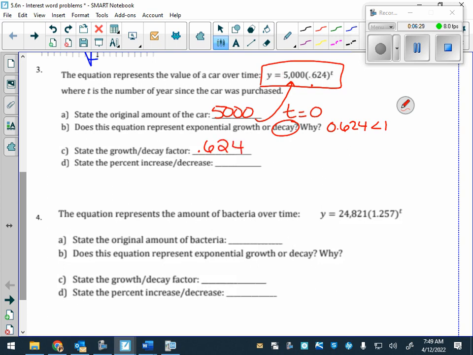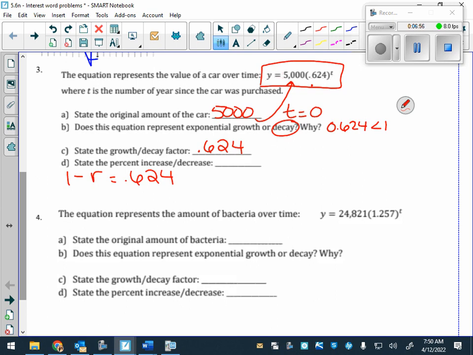Okay, I'll get to your question in 1 second. Then, if you want to find the percent increase or decrease, what they did already to get the 0.624 was 1 minus r. We don't know what the rate is. We know that is less than 1, so that is our decay factor. 1 minus r equals 0.624.